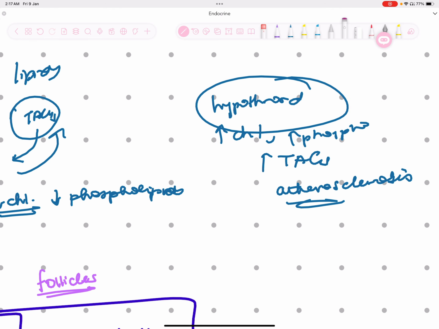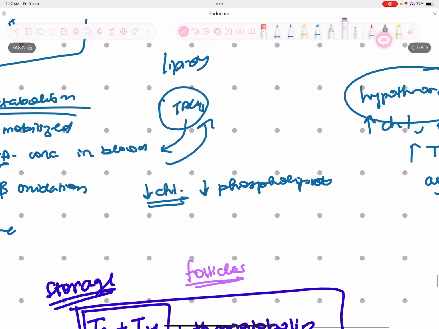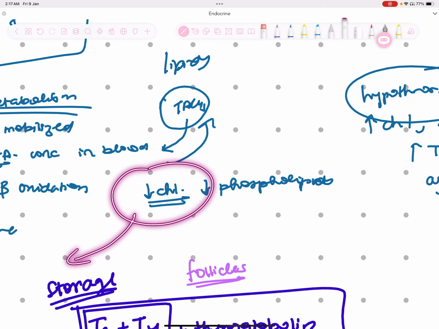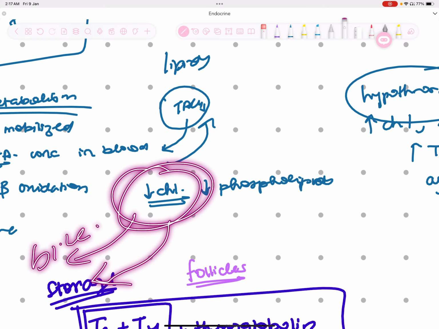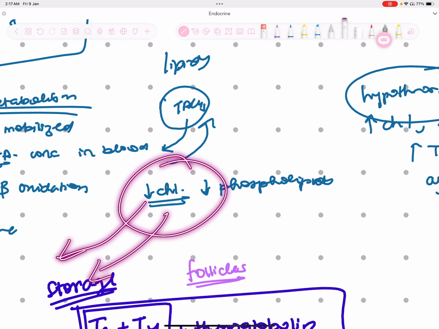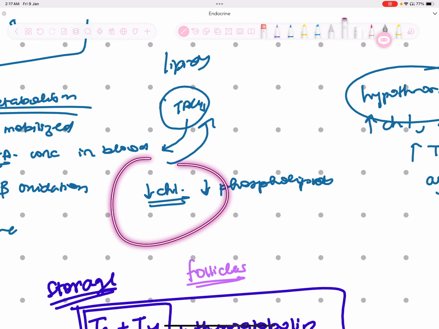One of the mechanisms by which thyroid hormone decreases plasma cholesterol concentration is to significantly increase the cholesterol secretion in the bile. This cholesterol is secreted in the bile and is consequently lost in the feces. So this is the mechanism by which cholesterol is decreased. And why is it increased in bile?